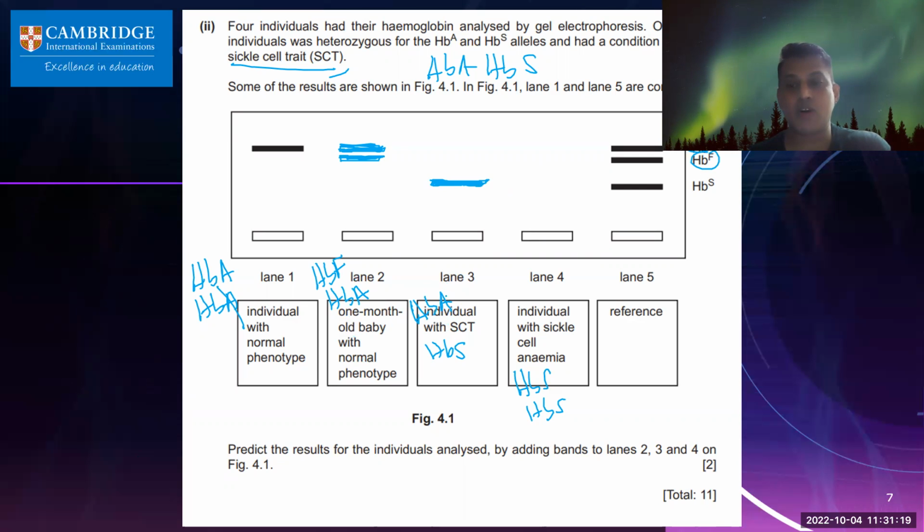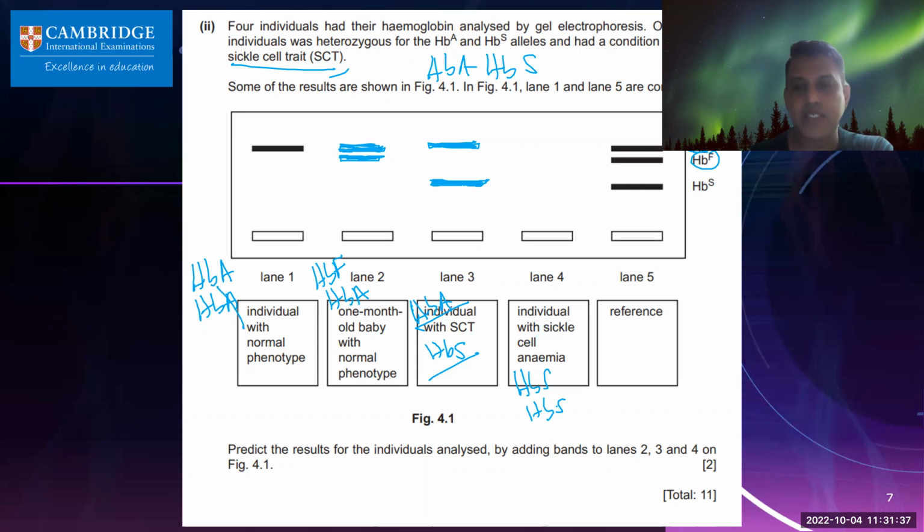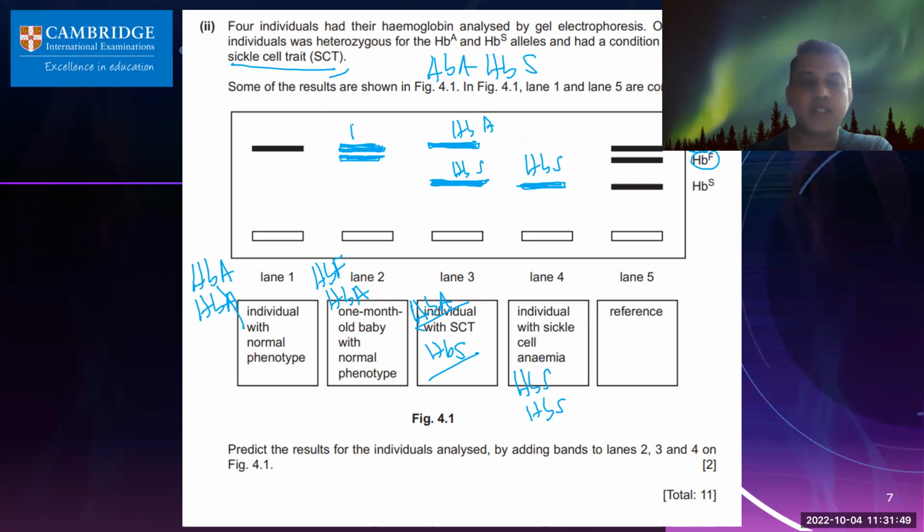Now, this is hemoglobin A and S. We can see two bands, hemoglobin A and hemoglobin S, because it's a sickle cell trait. And lane 4, the individual with sickle cell anemia, has hemoglobin S and hemoglobin S. There it's one band, hemoglobin S only. Here is hemoglobin A, hemoglobin S. Here hemoglobin A, hemoglobin F.